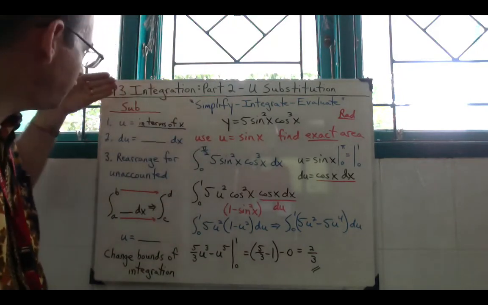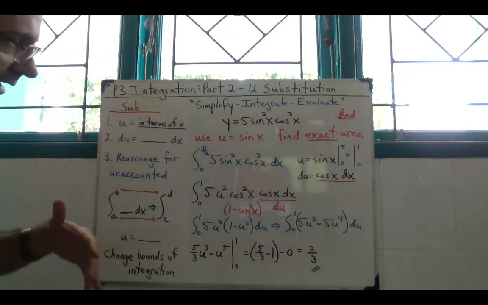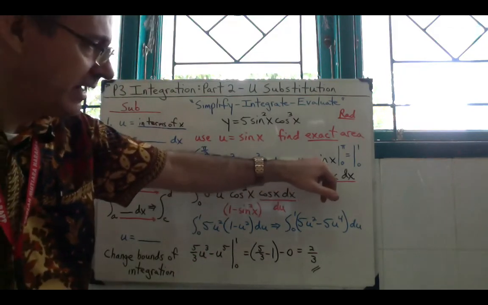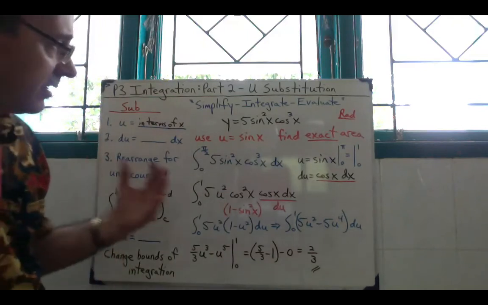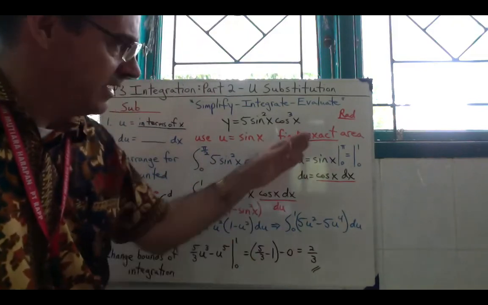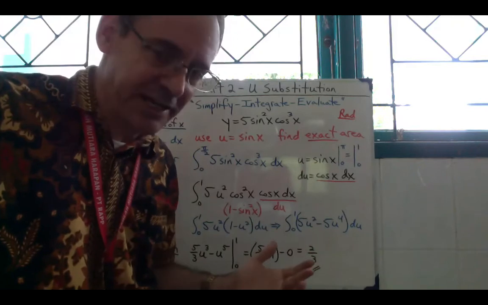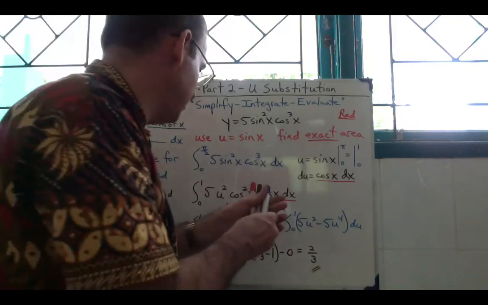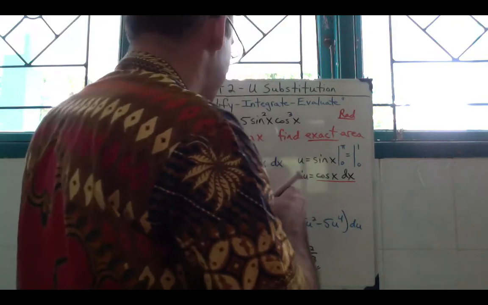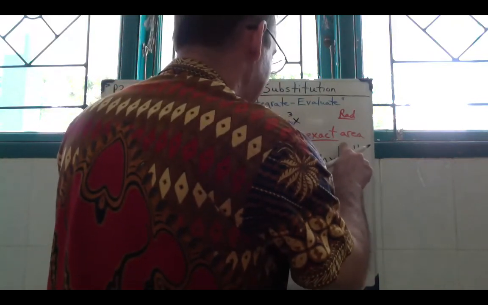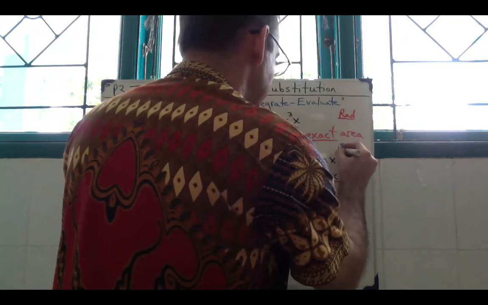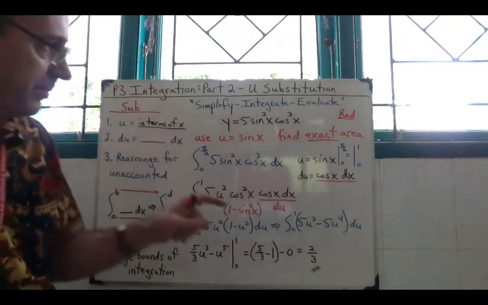Now we move into how to carry out the substitution. First, you write the given statement, u equals sine x. If you want to, you can go ahead and change your bounds of integration. Our bounds of integration, oops, sorry, I put this at pi, it's supposed to be pi halves. There we go, from 0 to pi halves.